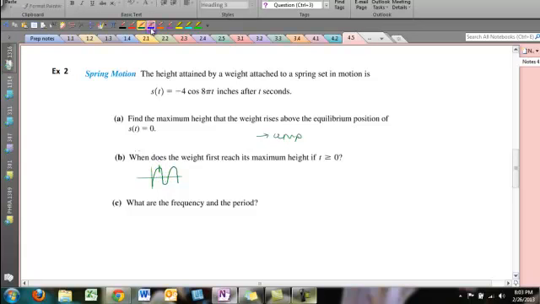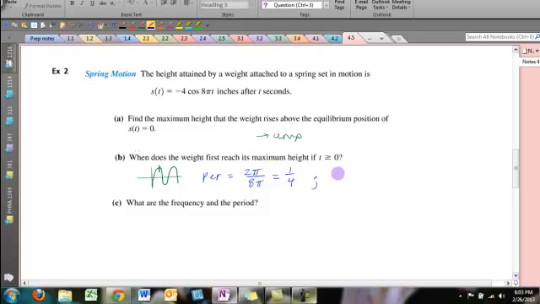Okay, so let's go back and figure out what the period is of this function anyway. The period is 2 pi over 8 pi, or 1/4. So if the period is 1/4, and I want to know when is the first time it reaches this maximum height, then I'm really looking at halfway in between 0 and 1/4.